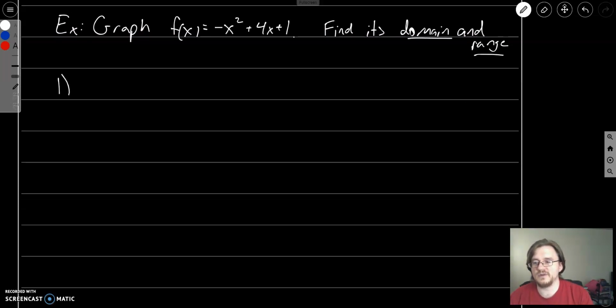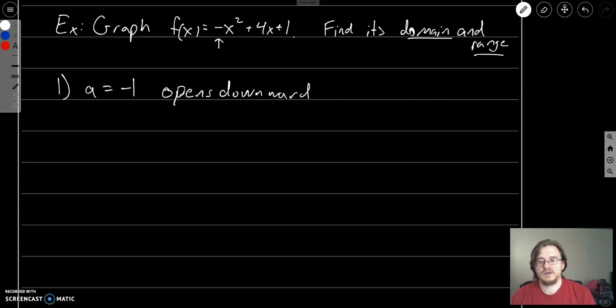So first and foremost, we can see that our first number here, a, is going to be negative 1. So our function is going to open downward. Opens downward. So 2, we'll need to use our formula to find the vertex.